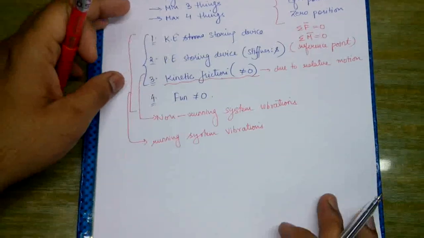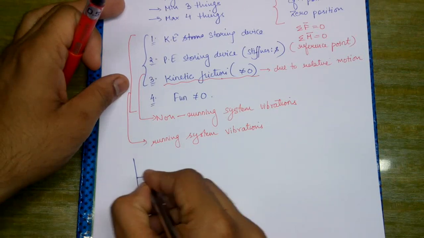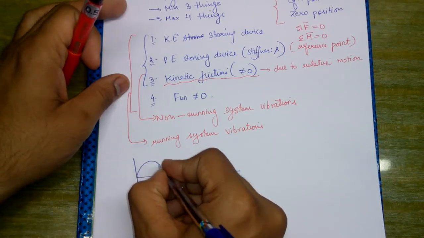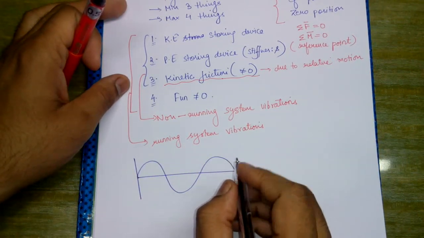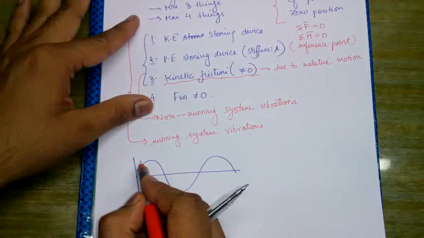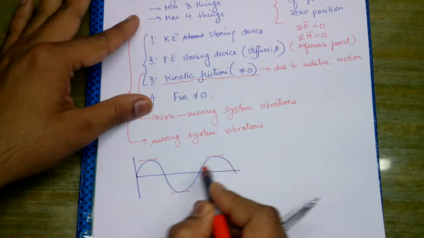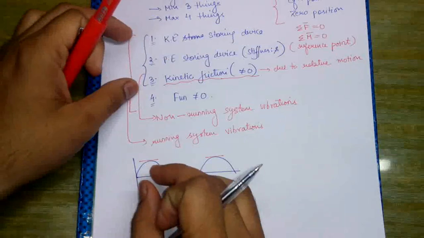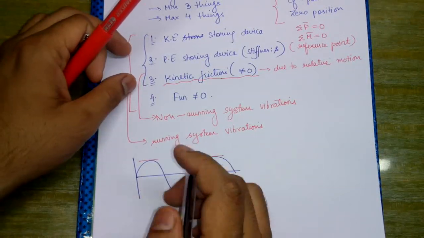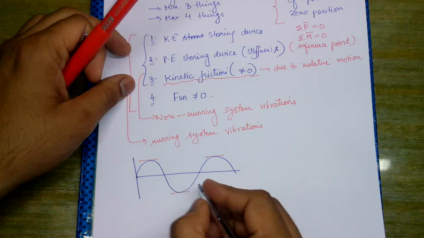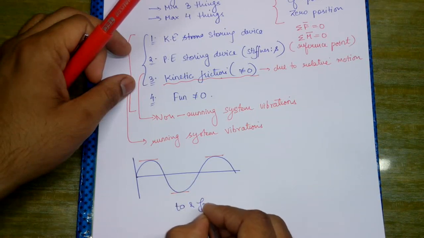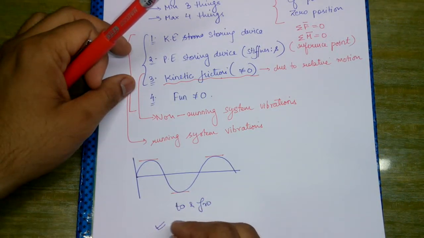Now for example, if I draw a graph for a sine wave like this, okay, so we see that this is the amplitude, or amplitude means the maximum displacement from the mean position. So since it is having a to and fro nature, it is a vibration.